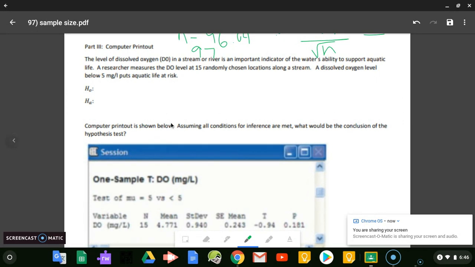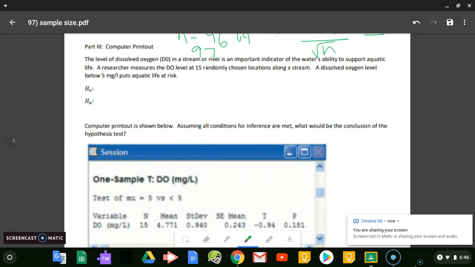They tell us that the level of dissolved oxygen in a stream is an important indicator of the water's ability to sustain aquatic life. The researcher measures this dissolved oxygen level at 15 randomly chosen locations along a stream, and a dissolved oxygen level below 5 milligrams per liter puts aquatic life at risk.